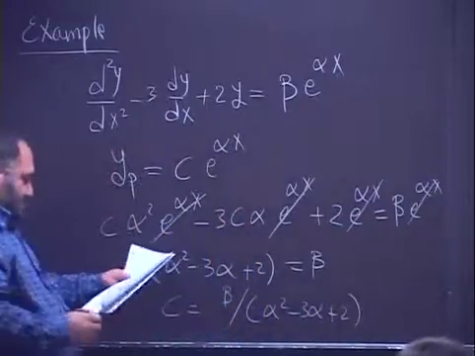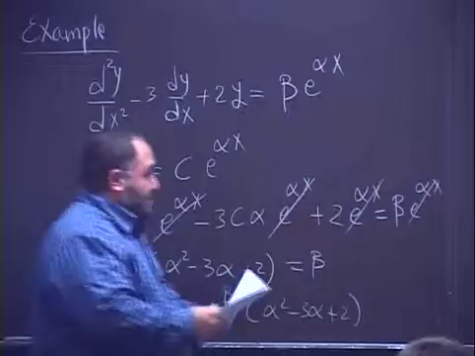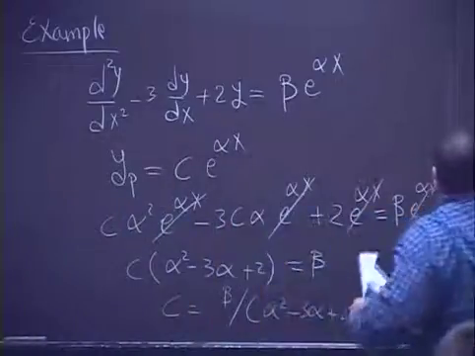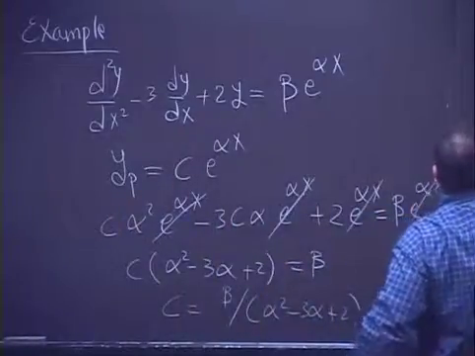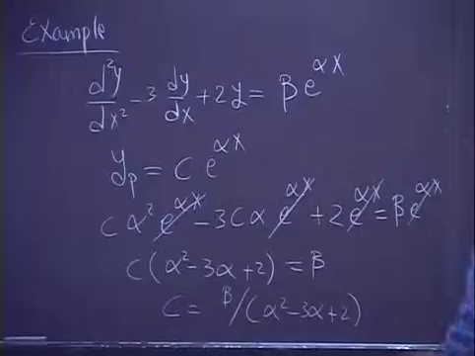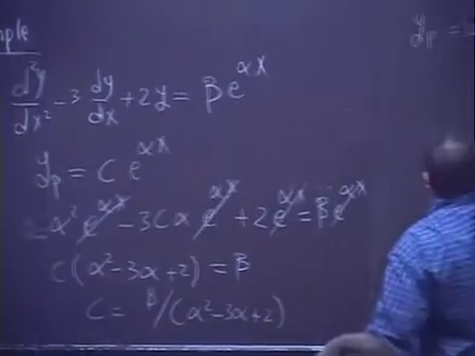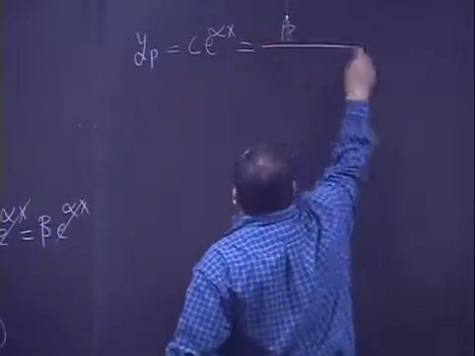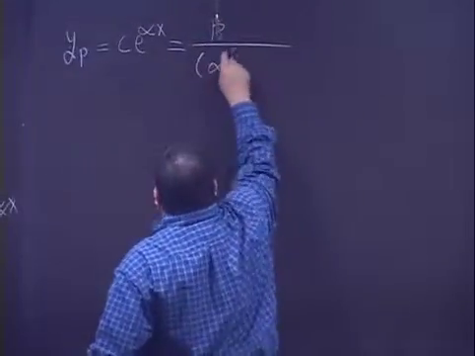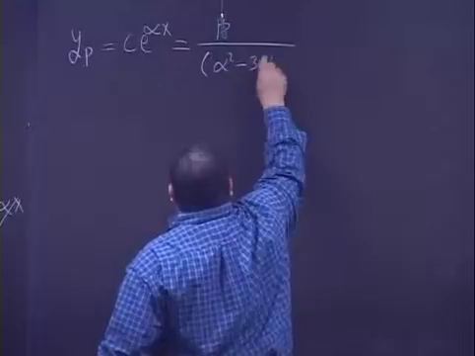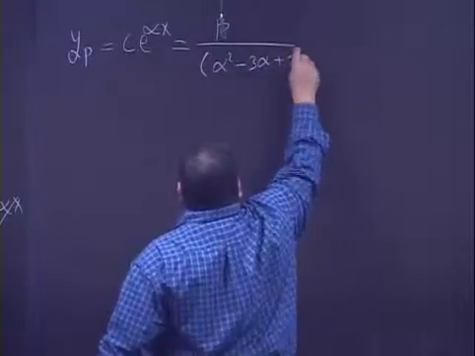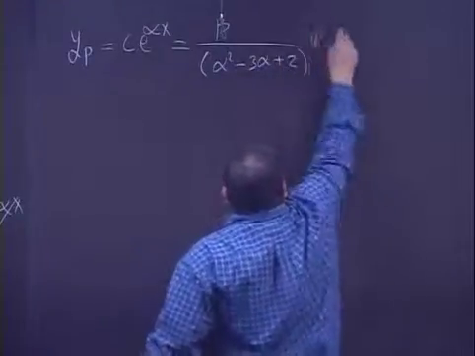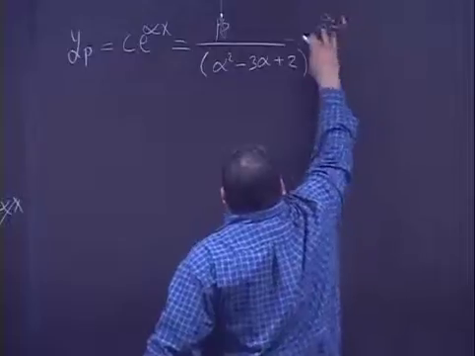So this is just the constant c, and the particular integral will be c e to the power of alpha x, and what's c now? Beta divided by alpha squared minus 3 alpha plus 2, times e to the power of alpha x.